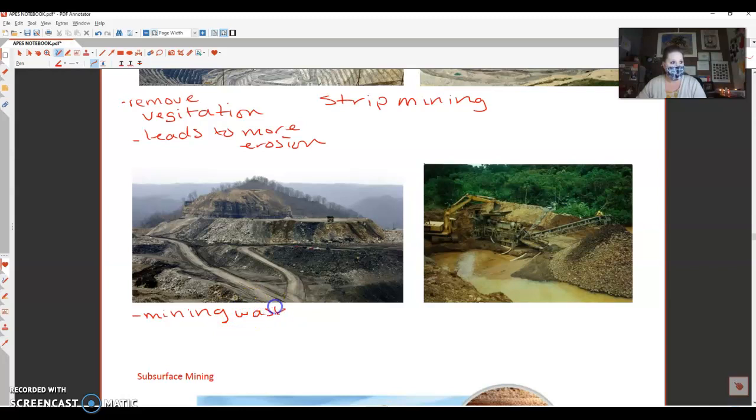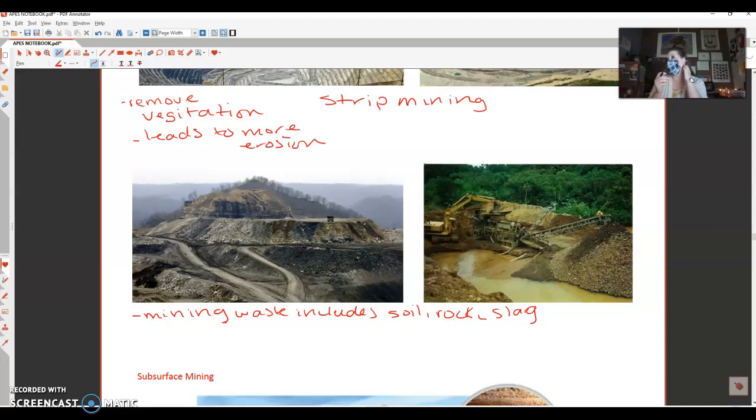All right, so mining waste includes soil, rock, and something called slag. Slag is basically the stony waste that we can't do anything with, after you separate the rock from the mineral itself.